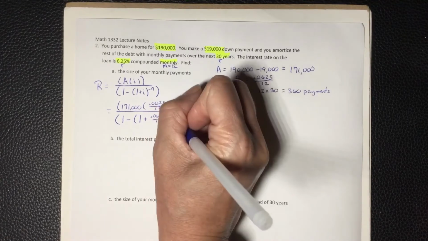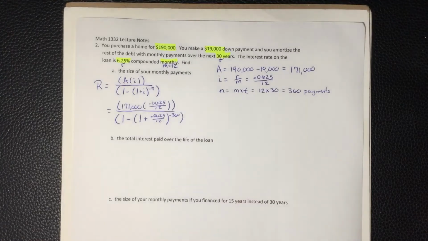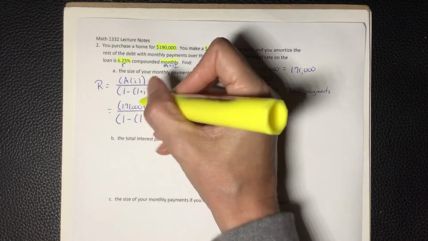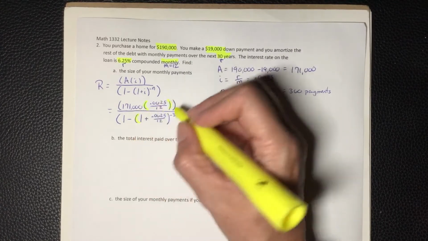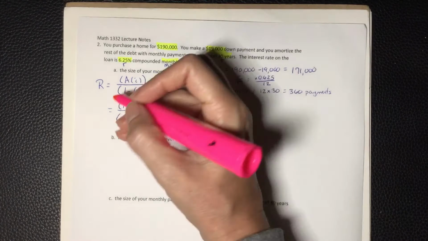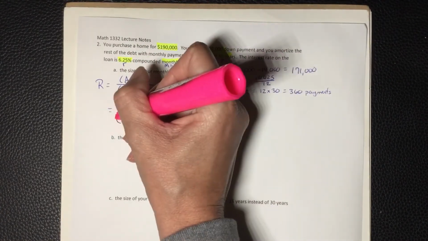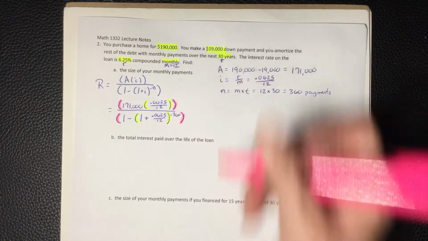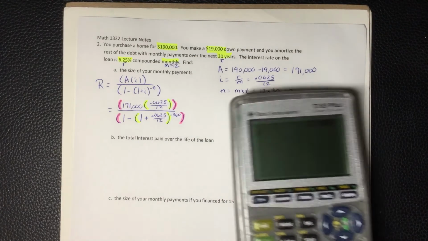On this one, the exponent is negative, so we're going to raise that to a negative 360 and close the parentheses. So you should have 2 sets of parentheses on top and then 2 in the denominator. When you enter this into your calculator, the biggest mistake people make is not getting their parentheses in the right place. Let's look at entering this into our calculator.